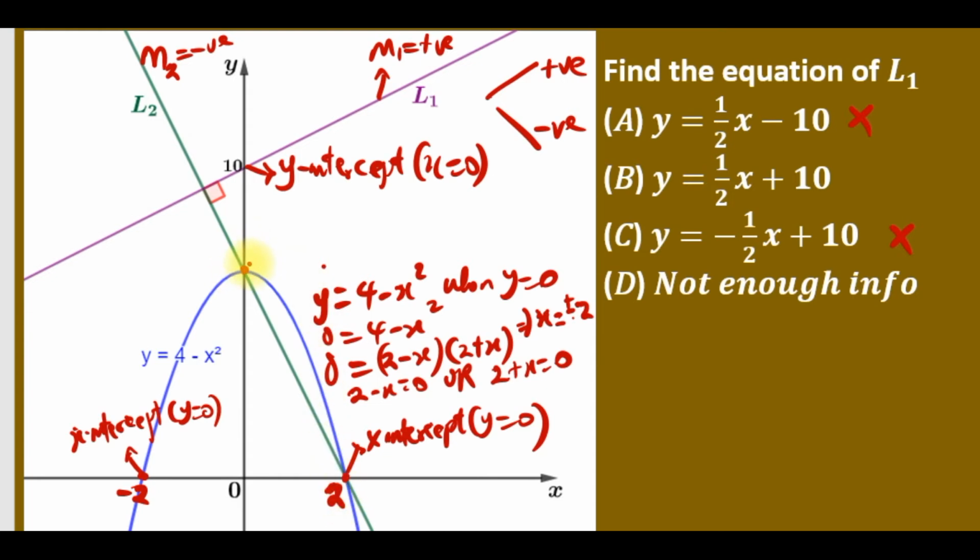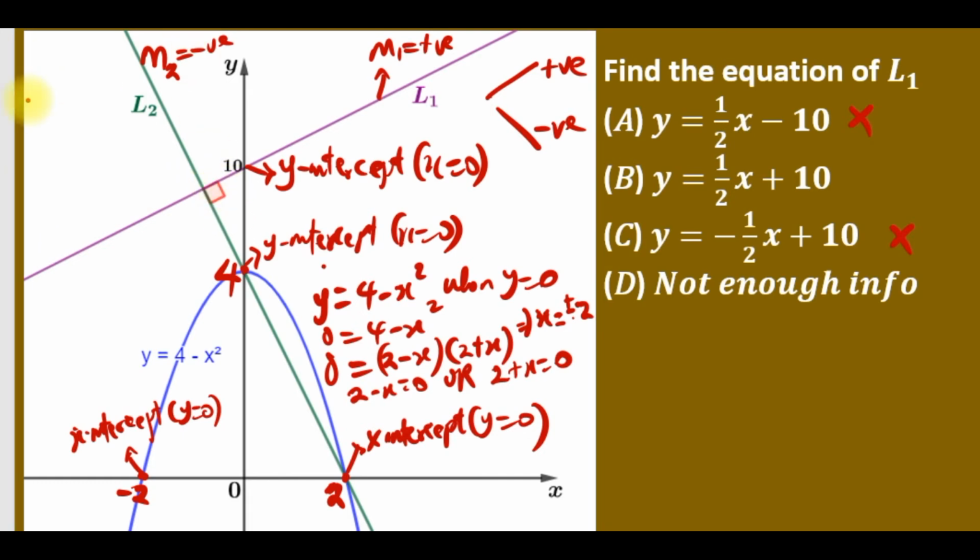Here for the y-intercept, x is 0. So we substitute the value of x to be 0 here, and we get 4. Why do we have to get this? We want the equation of this line L2, and then relate it to L1. As you can see, the two lines are perpendicular.